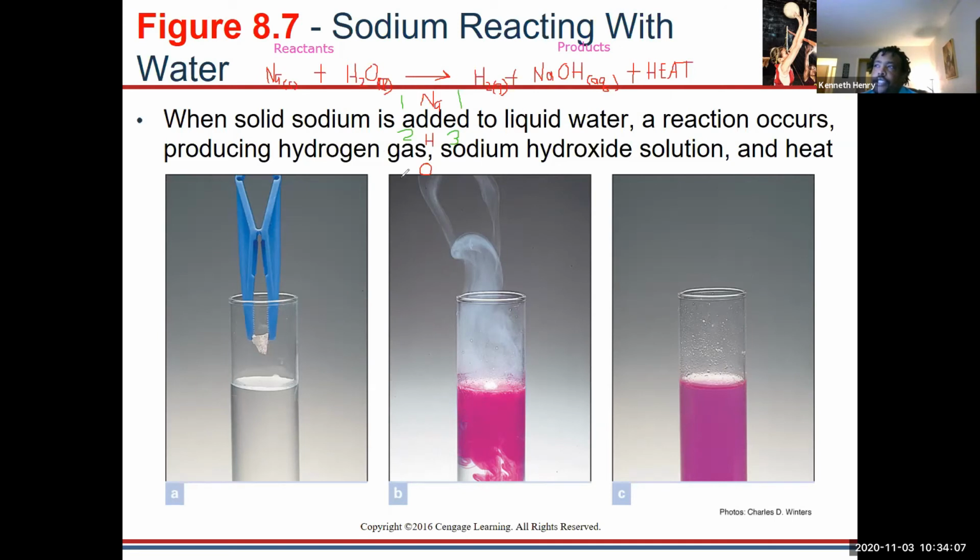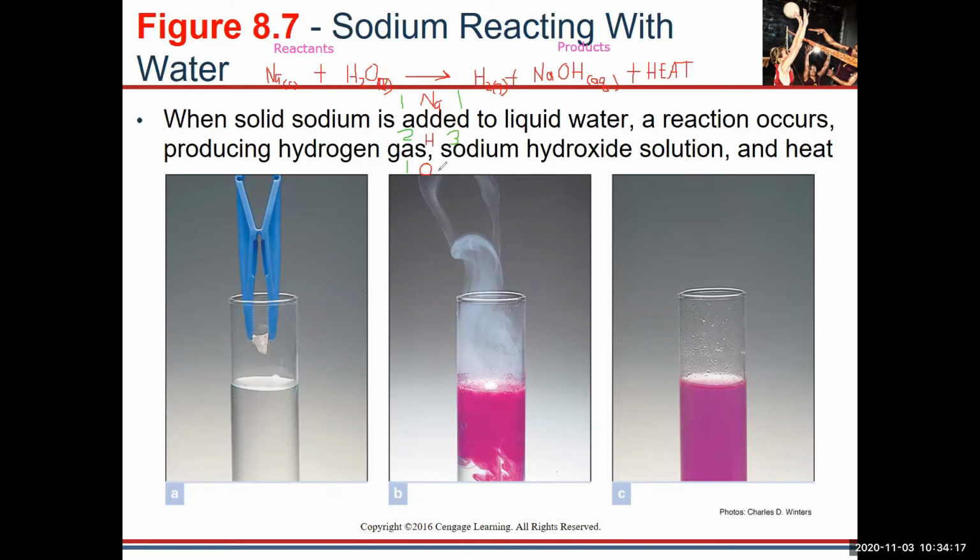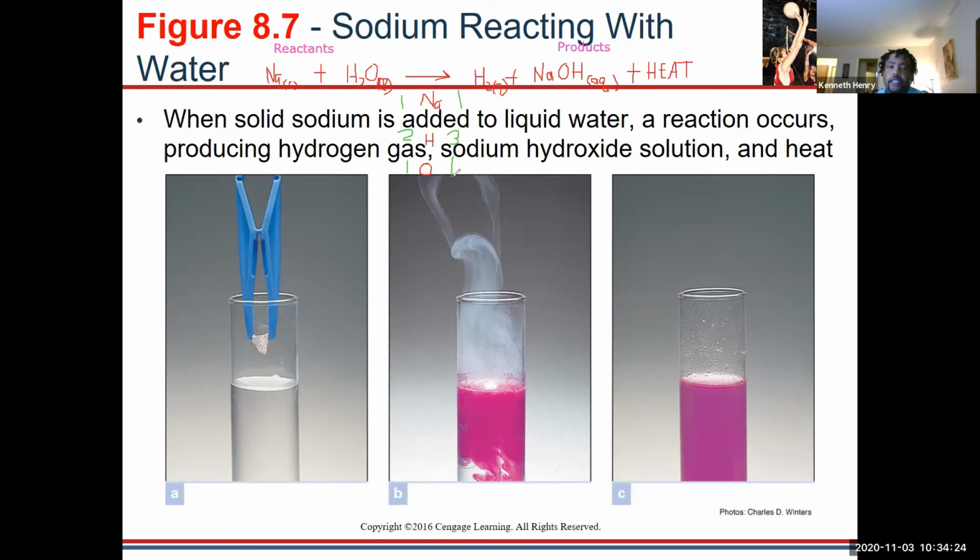Okay, oxygen. How many oxygens on the reactant side? 1. And on the product side? 1. So is it balanced? Are they the same on both sides? No. Which one's not balanced? Hydrogen.